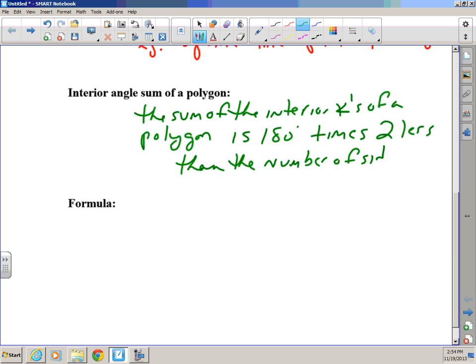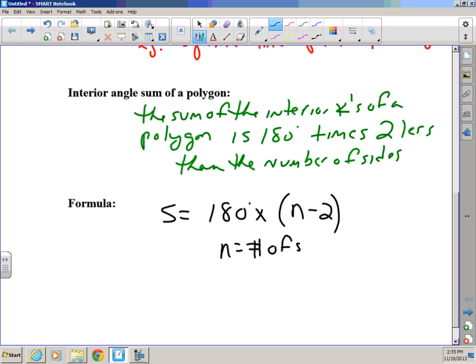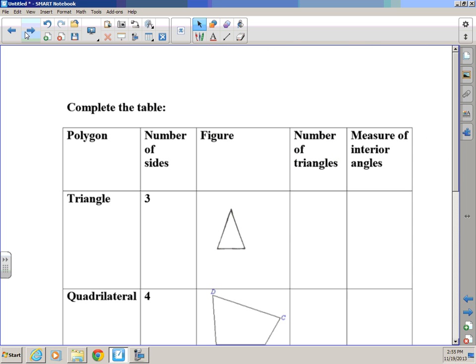Put into a formula, the sum of those angles, S, is equal to 180 times (n minus 2), where n equals the number of sides. Now, the following chart should hopefully make it clear how this rule works.